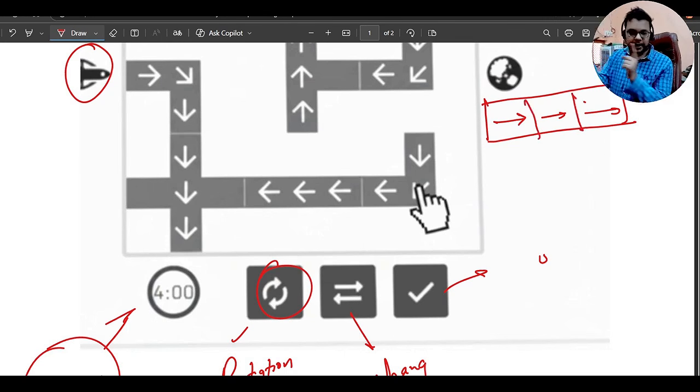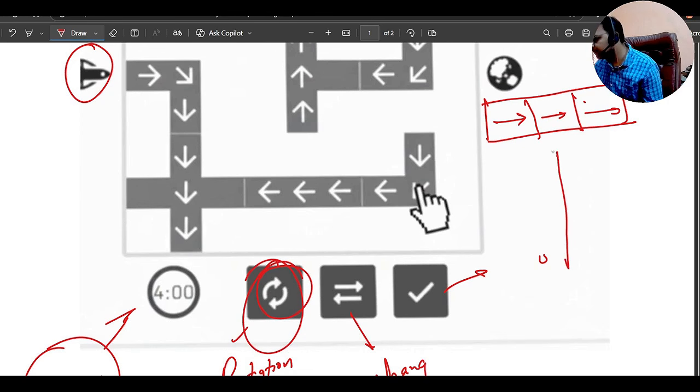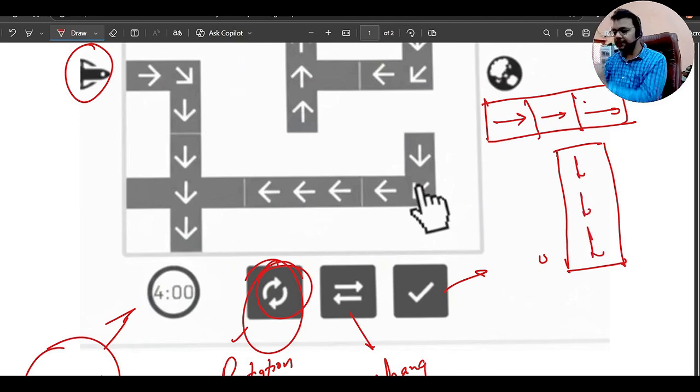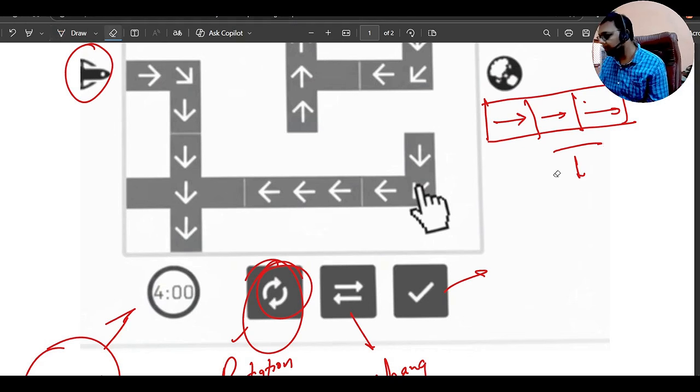If you use the rotation button on these three tiles, first of all it will look like this, because this whole tile moved like this. Then again suppose you use the rotation button, then this tile will look like this.